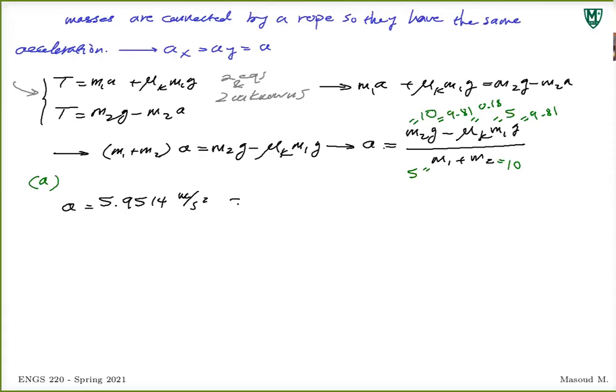So from star, I'm going to put star here. Either of these equations should give you the value for tension, right? Plug into any of those, you'll get 38.586 newtons. Okay, now we can say this is what part A was asking.